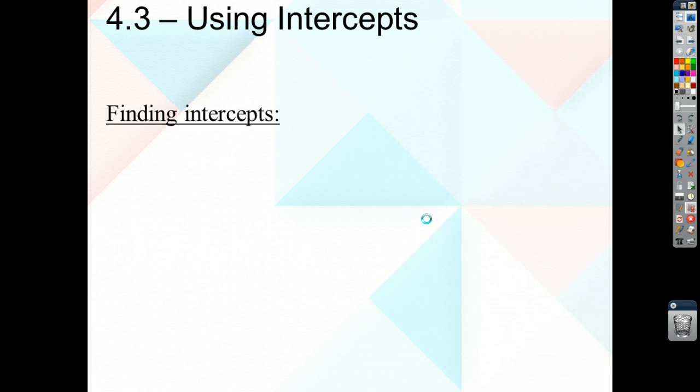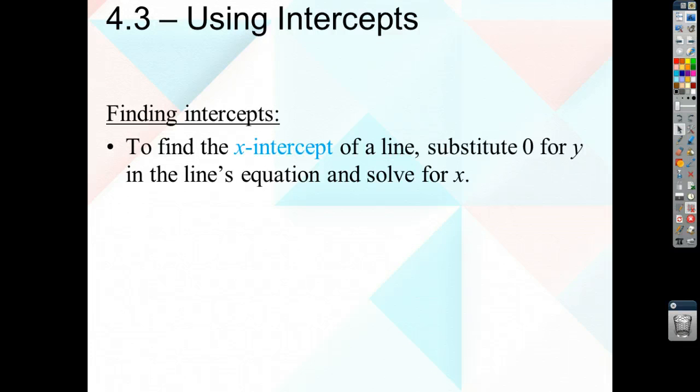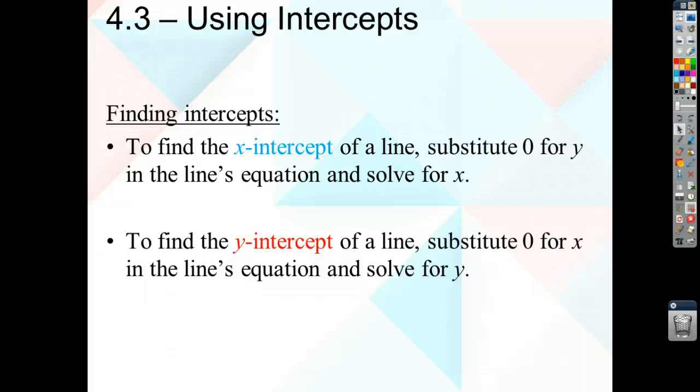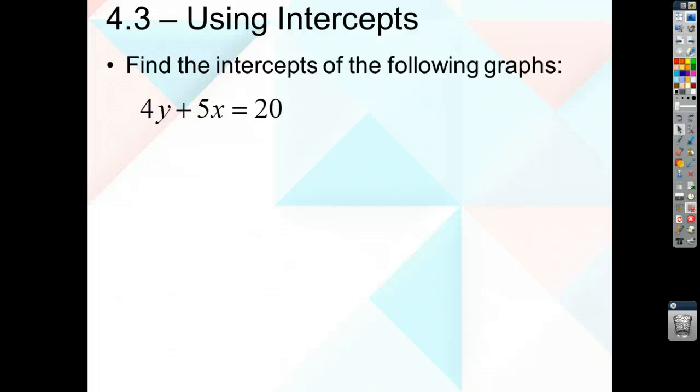All right, so let's talk about how we find these. We're first going to do the x-intercept, and then we're going to find the y-intercept after that. For x-intercepts, we're going to substitute in 0 for y. So my output here is 0, and what do I need to plug in for that to work?